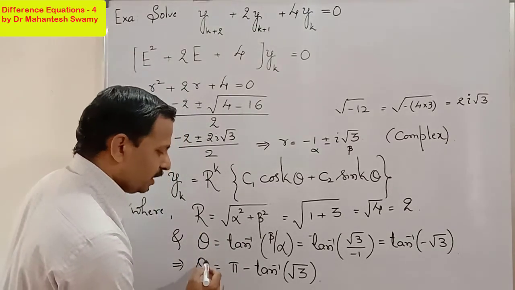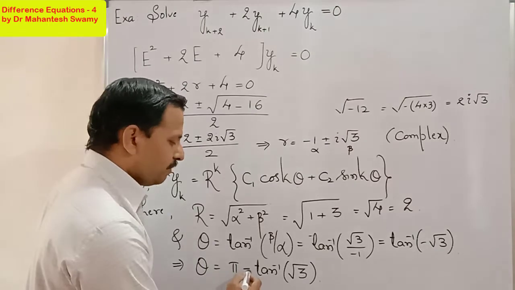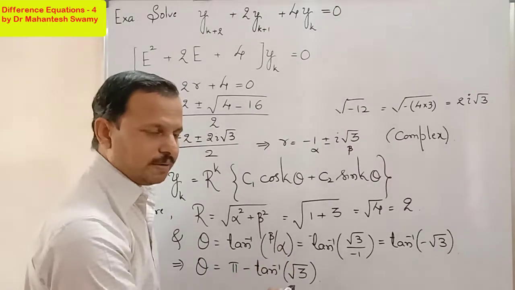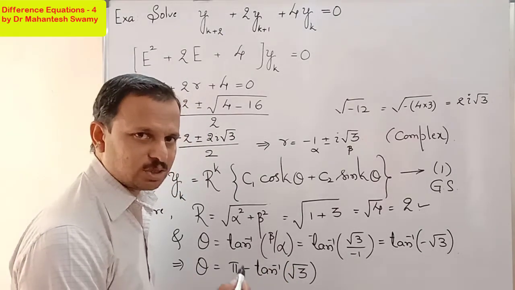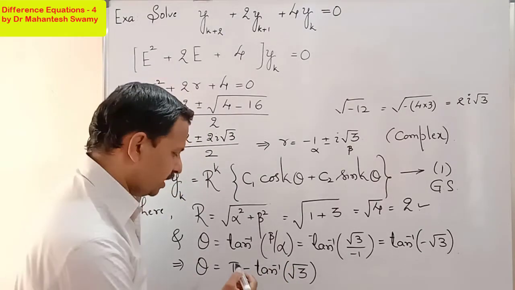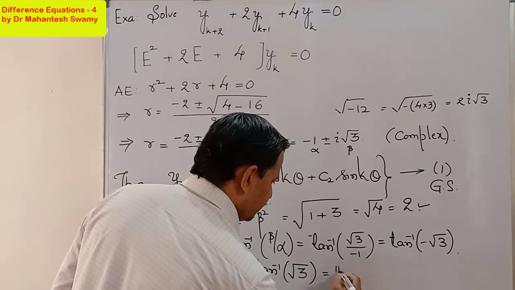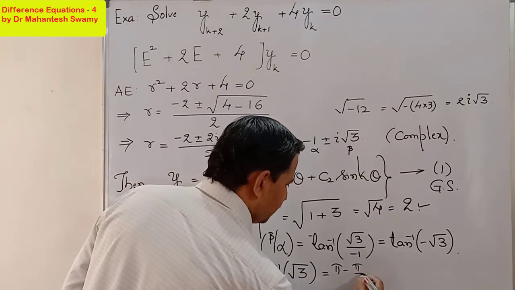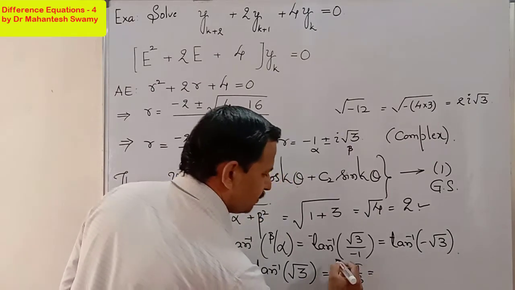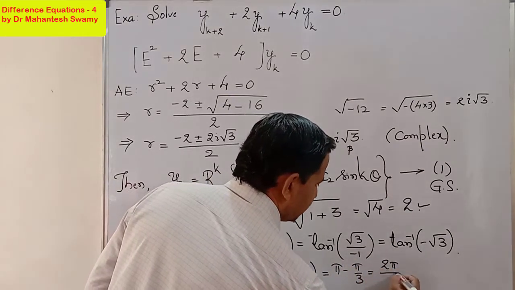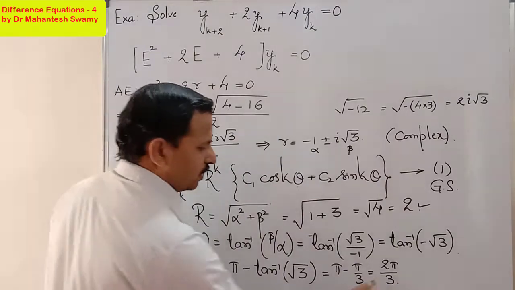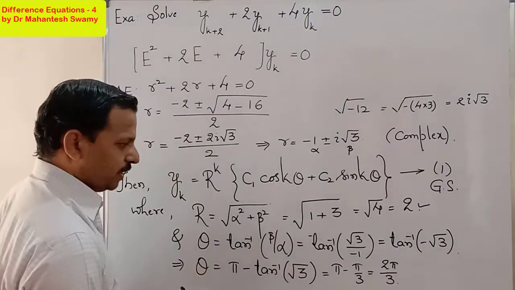Therefore the value of theta we found here is pi minus tan inverse of root 3. So we know that tan inverse of root 3 is pi by 3, that is 60 degrees. Therefore it is pi minus pi by 3. After taking LCM and simplification, it is 3 pi minus pi, it is 2 pi by 3. So this is the value of theta we have obtained here.